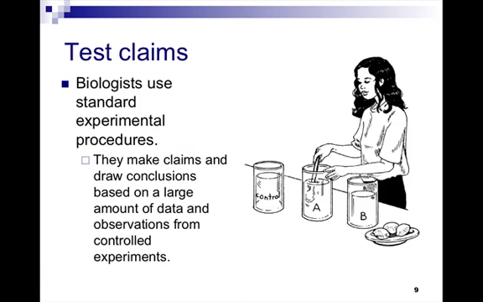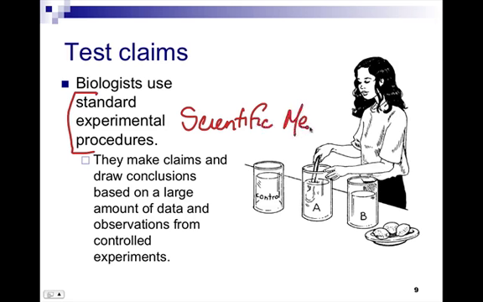Test claims. Biologists use standard experimental procedures, and we're going to talk about standard experimental procedures in section 1-3. That's where we talk about the scientific method. And you have learned about this in physical science, and every single science class that you're going to take from here on in, we always start with what is the scientific method.